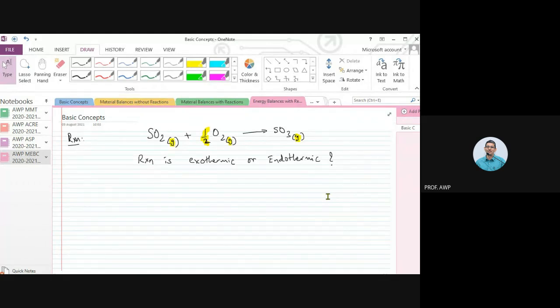What bond formation? Between SO2 and oxygen forming SO3. Okay, so an extra bond is formed. So energy is liberated. Why should that be? Extra bond is formed, so why should energy be liberated?